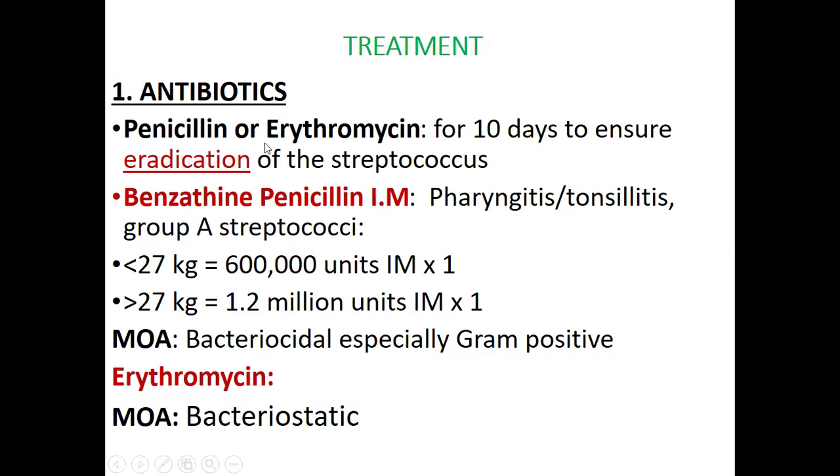So the first line, of course, we're going to give penicillin or erythromycin for 10 days. You are trying to eradicate streptococcal infection. So benzathine penicillin, depending on the weight, you can give 600,000 international units, or for adults, you can give 1.2 mega units.